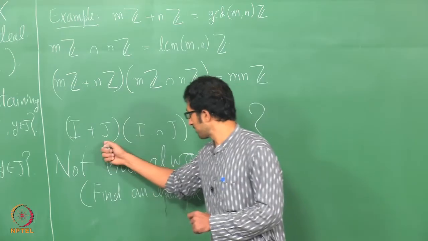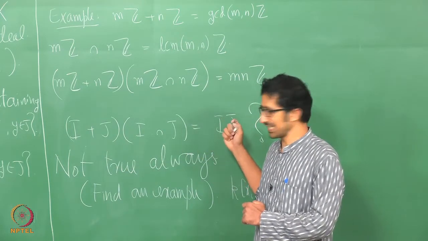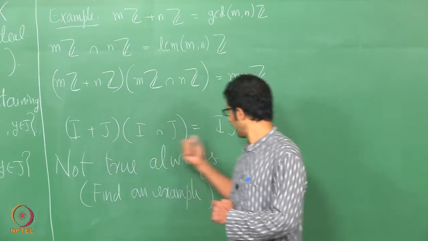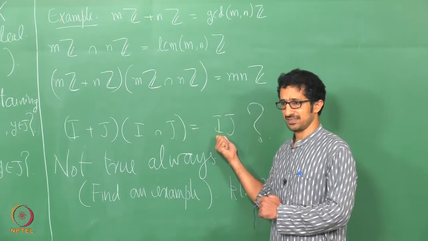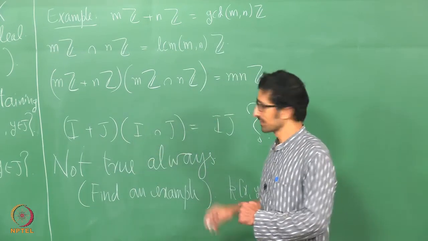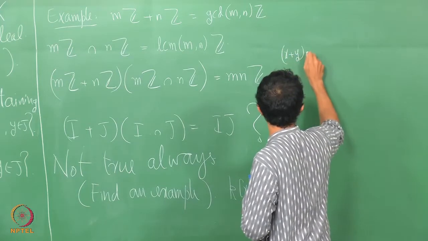See, this is a product ideal, this is a product ideal. So if I can say that every generator of this belongs to this one, then we are through. Now how does any generator look like? It is x plus y times, let us say a.